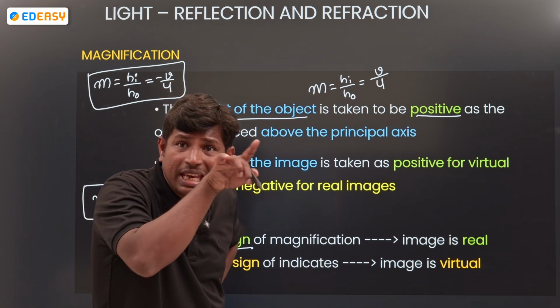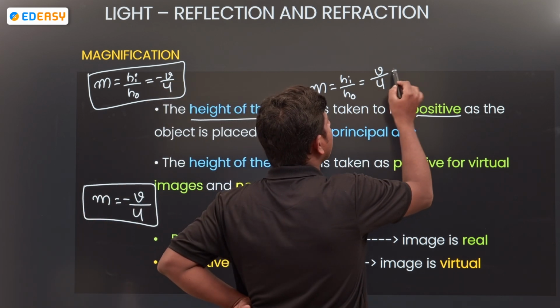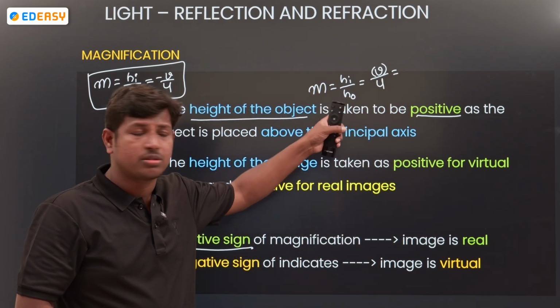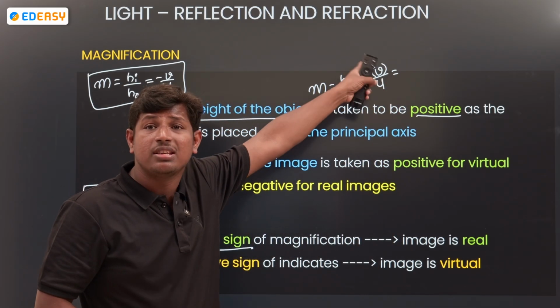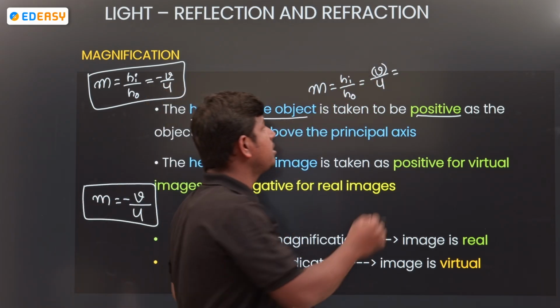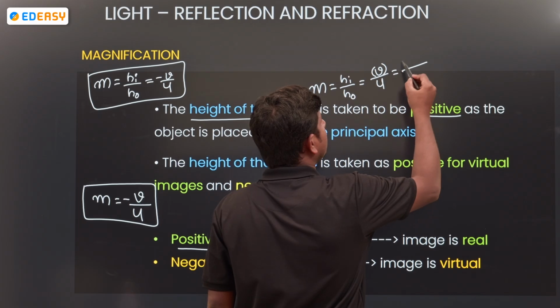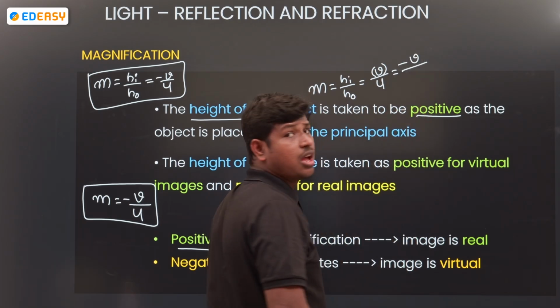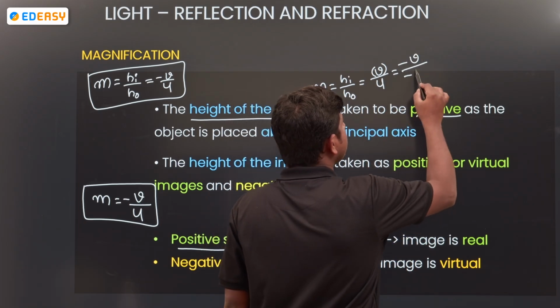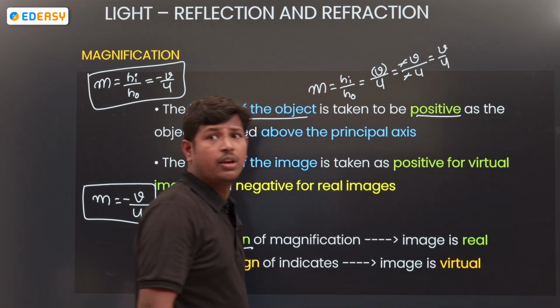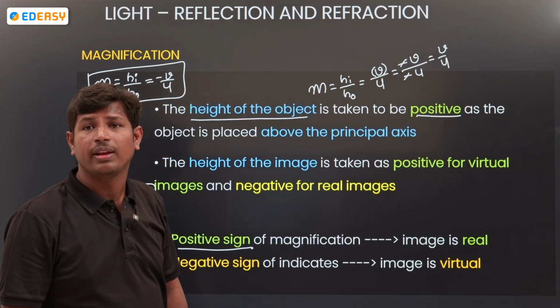What is the image distance? For a real image, the image distance will be between pole and F, between pole and B. How will the image distance be? Minus. How will the object distance be? Minus. Minus by minus cancel, and we get v by u.